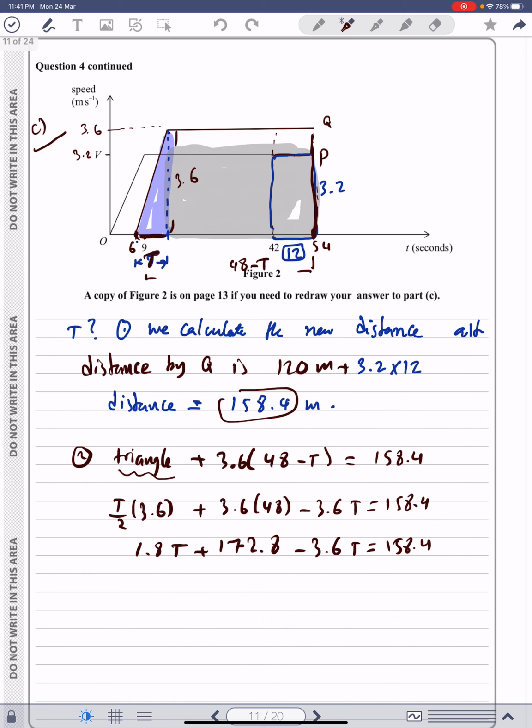So this minus T, which is 1.8T minus 3.6T, and 172.8 minus 158.4 gives 14.4, so negative 1.8T equals negative 14.4. By dividing by 1.8, you will get 8 seconds.